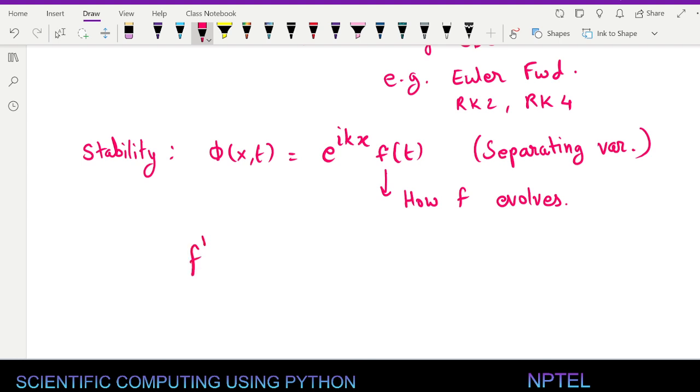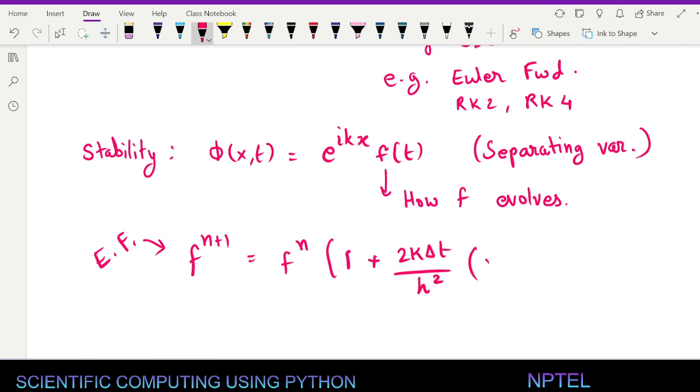And if you put in the solution for Euler forward, this is only for Euler forward, okay, then you get f_{n+1} equal to f_n times 1 plus 2kΔt divided by h square times (cos kh minus 1).